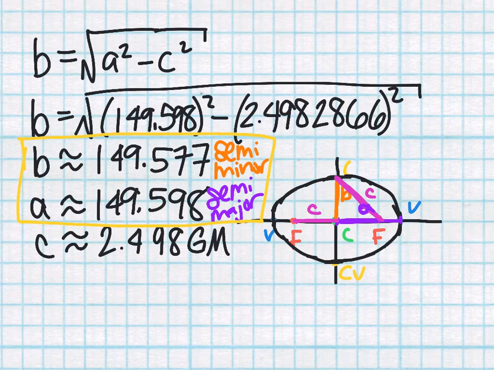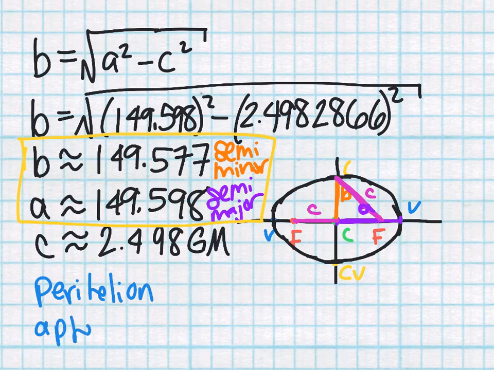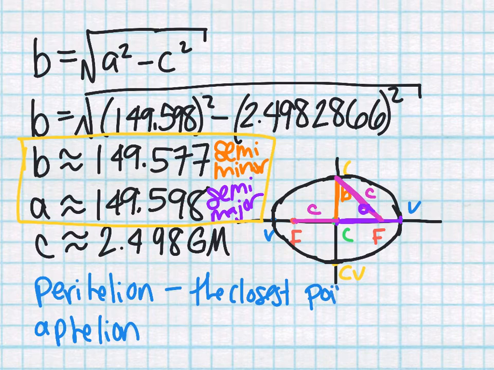So then we have two astronomy words we should talk about: perihelion and aphelion. So perihelion is the closest point to the sun in the Earth's orbit, which means that the farthest point is the aphelion.